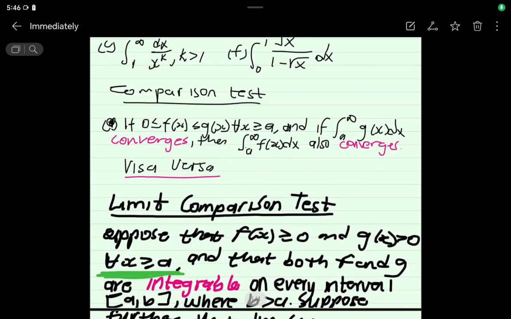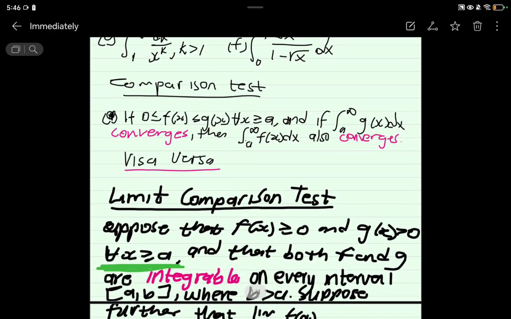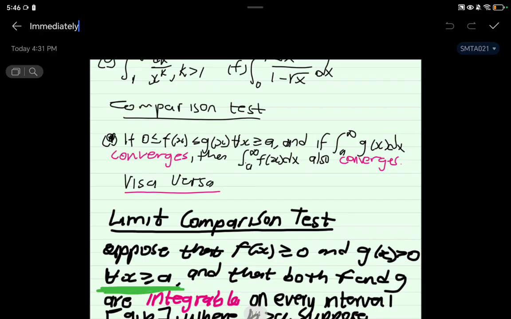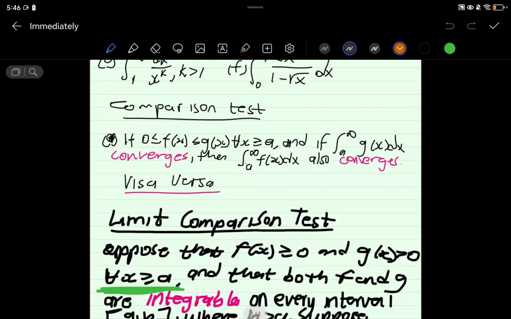Now when we come to comparison tests, we have different types of formats. The first format can be this one where we have this for all x greater or equal to a, right?